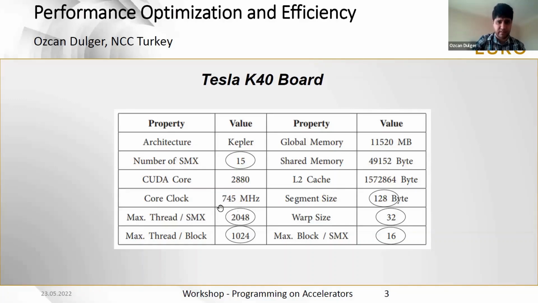The maximum number of threads that can be active at a time in a multiprocessor is 2048. I will also mention that later. The maximum number of threads that can be created in a block is 1024, and the maximum number of blocks that can be active in a streaming multiprocessor is 16. The number of threads in a warp is 32. These are important parameters of the board.